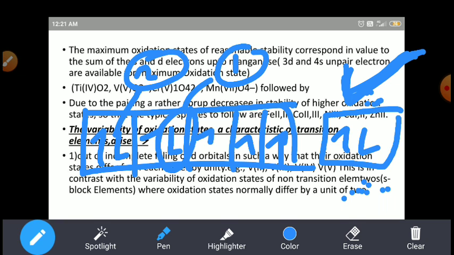So pairing is there here. Pairing means for removal of this electron we need a large amount of energy. That's why these electrons cannot be released here.